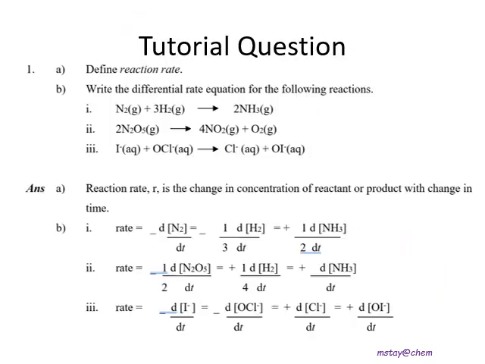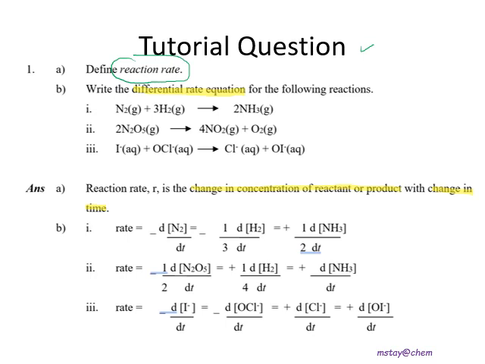Let's proceed to tutorial questions. Question number 1, define the rate of reaction. As we know, the rate of reaction refers to the change of concentration of reactant or product with the change in time. So part B, we are going to write the differential rate equation.